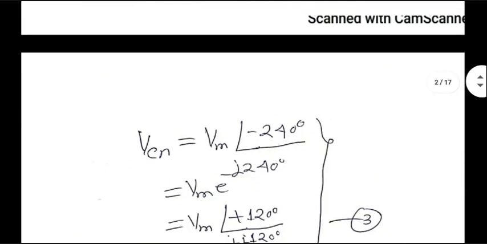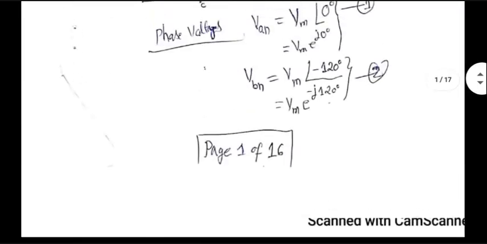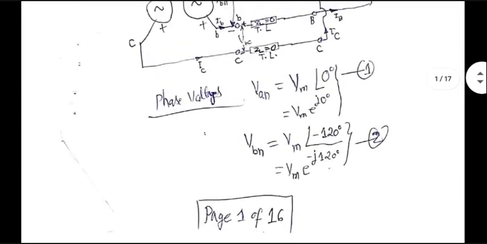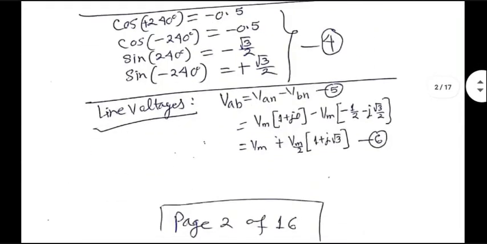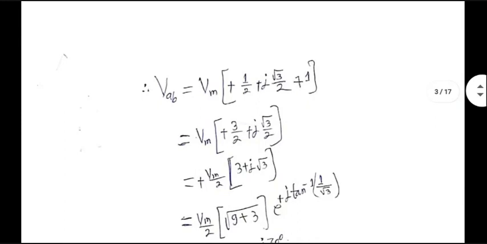Now substitute the values for VAN, VBN, and VCN from these equations and simplify. I did this last time, I know, but I'm going through it once again.